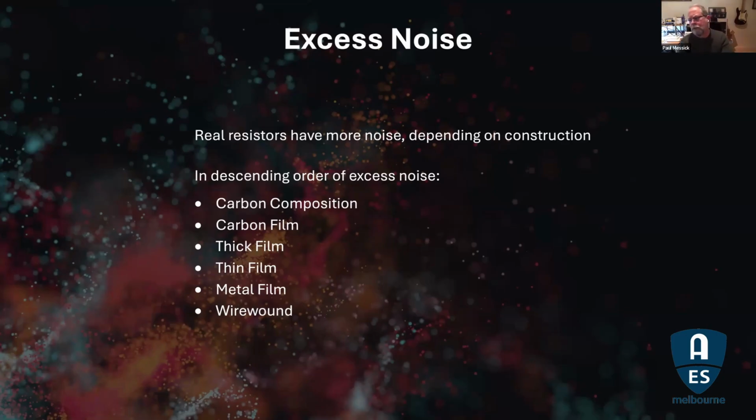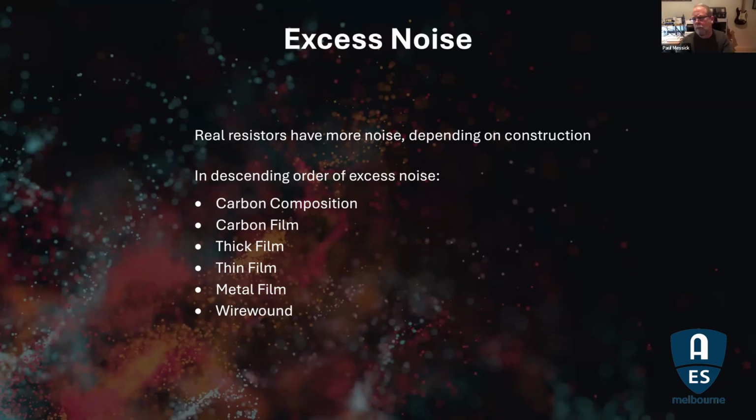Thin film resistors, which are constructed by sputtering basically metals onto a substrate, those start to be pretty good. And getting up to the gold standard of low noise for excess noise, metal film. The downside to metal film is they're very expensive and there aren't many values available.